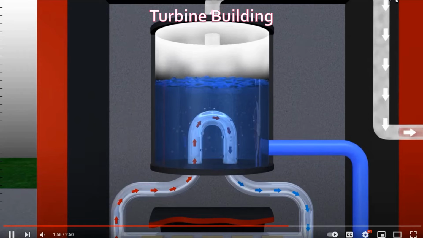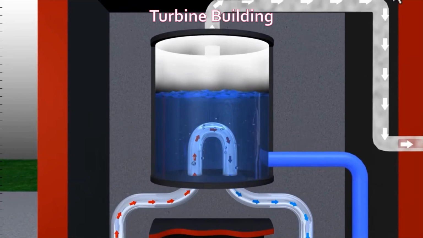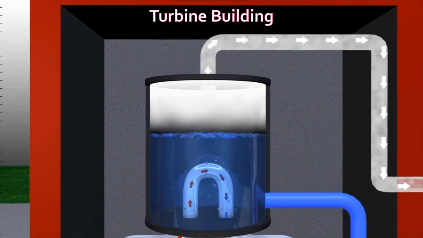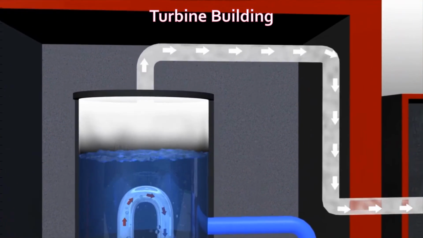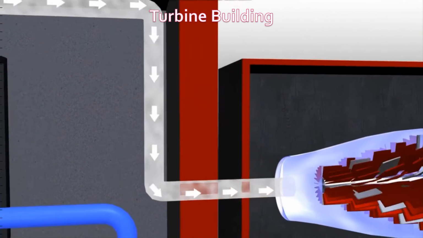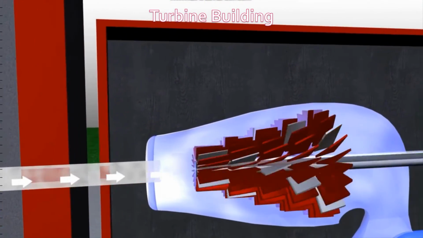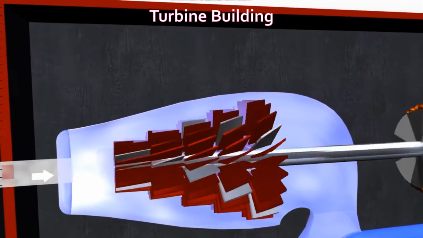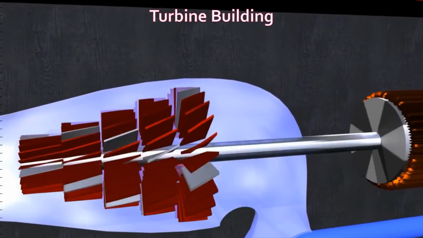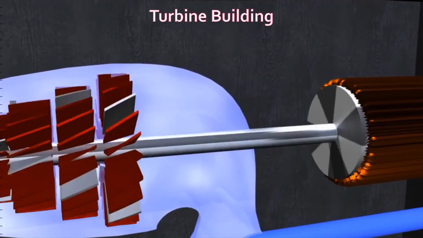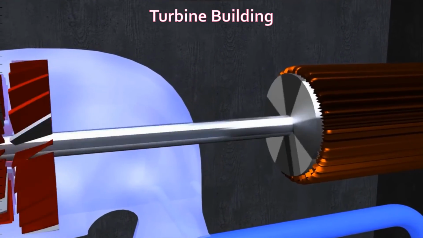Now we are in the second part of the nuclear reactor. After the steam has been generated from the first part, the steam will flow through a pipe connected to a turbine, where this steam will make the turbine spin, and the turbine will be connected to an electromagnet where there is a coil around it.